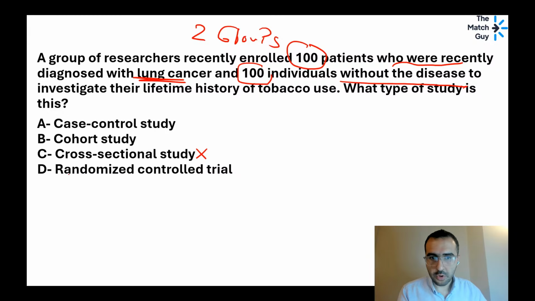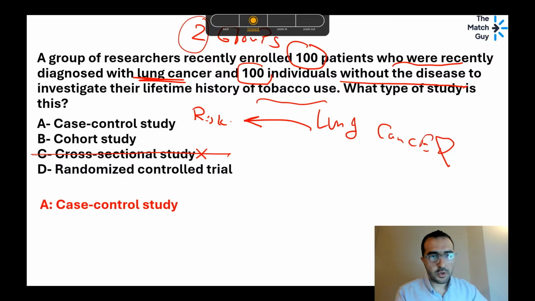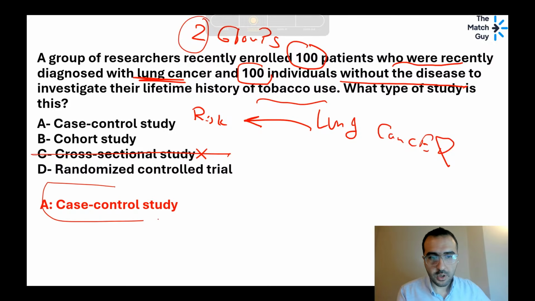A randomized control trial is also two groups, but we already ruled out cross-sectional study because it's two groups. Here we have patients with the disease, which is lung cancer. And we are investigating any prior history of tobacco use. So we look in the past for any risk factor. So this one is a case control study because you're looking retrospectively.